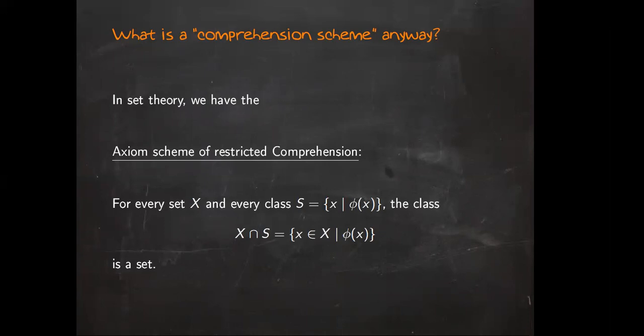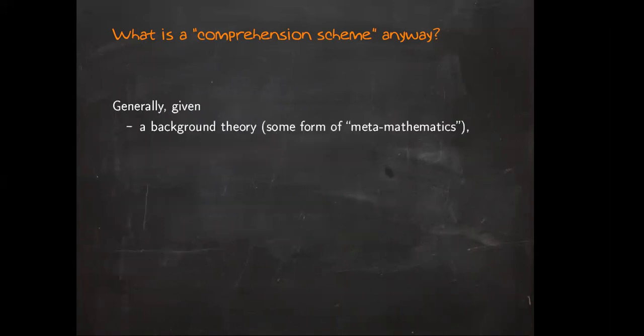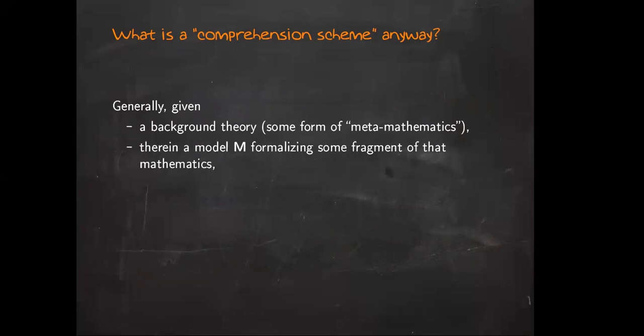So in order to make the necessary leap to higher category theory, we take a step back and try to understand comprehension schemes from a very general point of view. So in order to explain comprehension schemes, we are given a background theory, some sort of meta-mathematics, right? And then we are given some model of that meta-mathematics that formalizes some part of it, not necessarily everything.